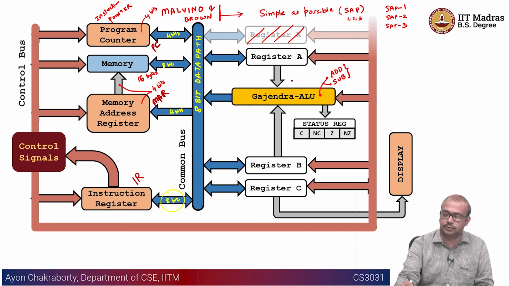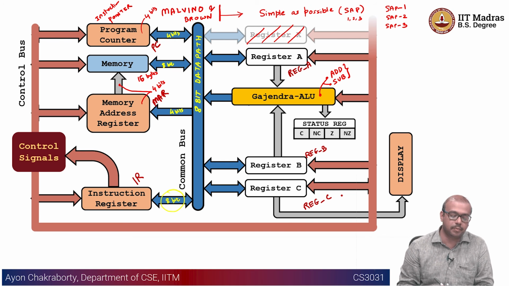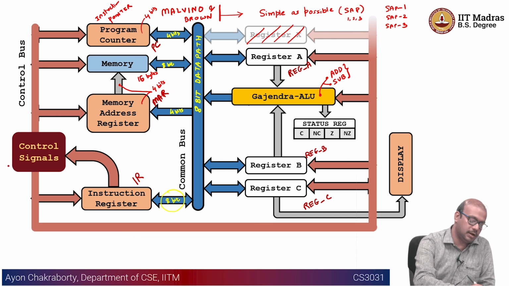And these registers we are going to call reg, let's say reg_A, reg_B, reg_C, and so on, okay. And then the most important component is the processor or CPU controller. Okay.